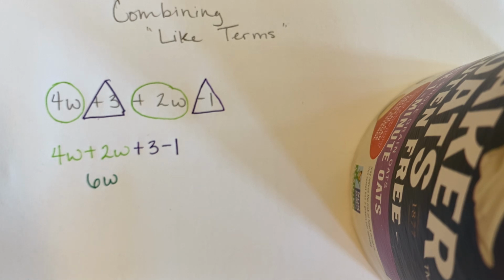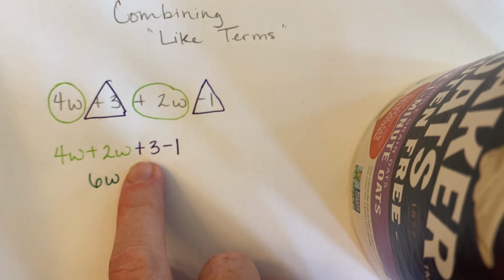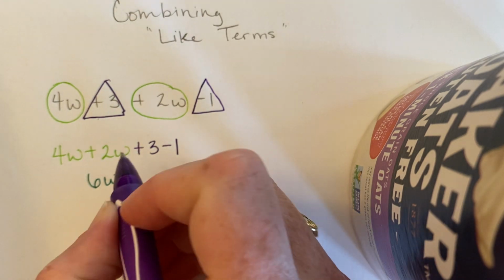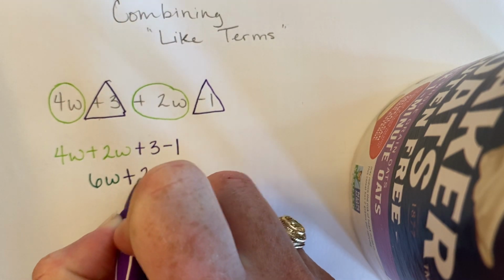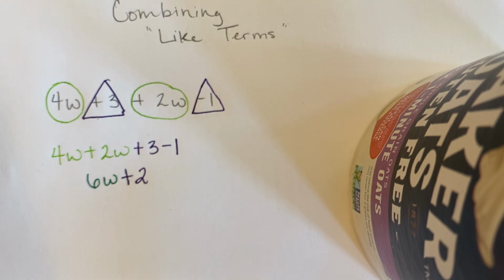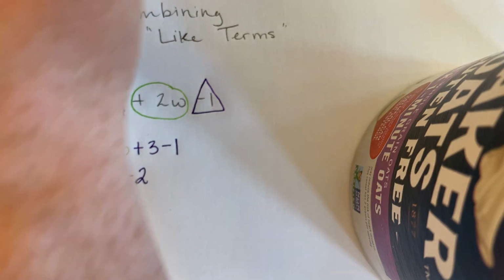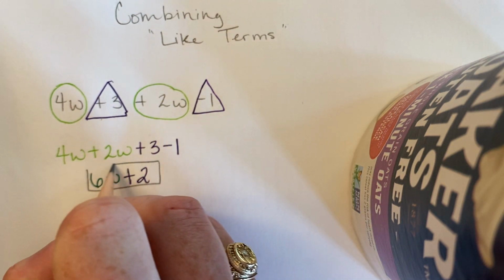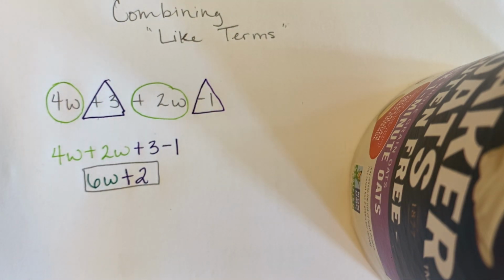When I combine numbers, I just do what it says. It says 3 minus 1. In my head, that's a positive 2, and I show that by putting plus 2. At the end of the day, that's my final answer: 6w plus 2 is the simplified version of this expression.